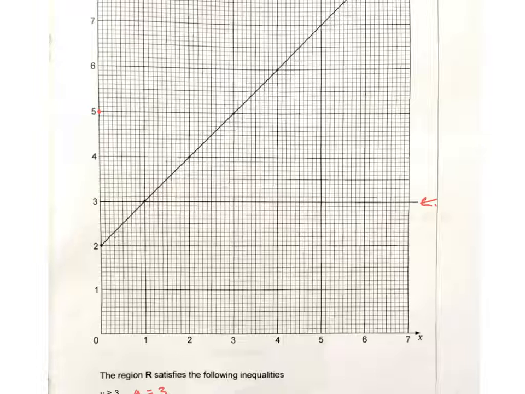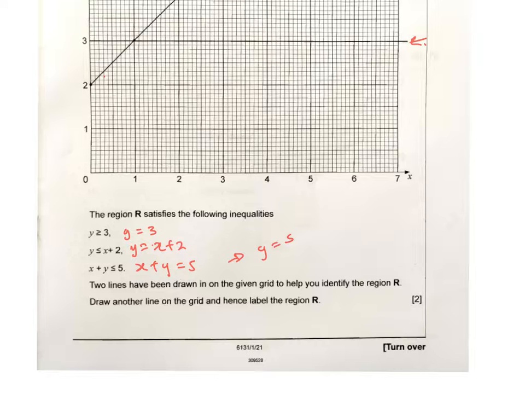Okay, and then if I want to know where it will cut the x-axis, I need to substitute y with 0. So if I put y as 0, that means my x is going to be 5. That means it will cut x at 5, and then again I go and plot x equals 5.